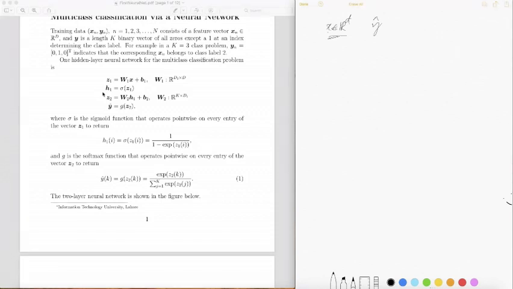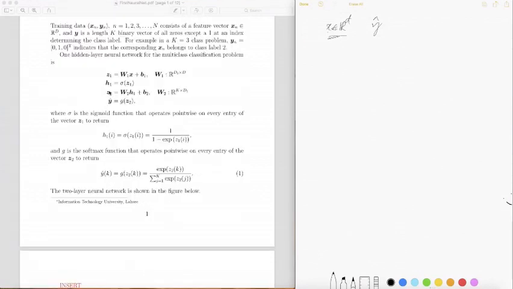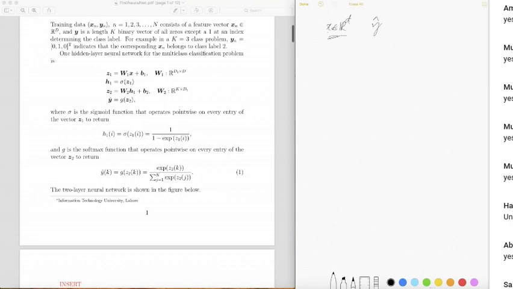So let me start with this particular multi-class classification handout. X is the input, Z1 was the output, H1 was the output of the first hidden layer after the sigmoid nonlinearity, and Z2 is the output of the second hidden layer, which takes H1 as input.